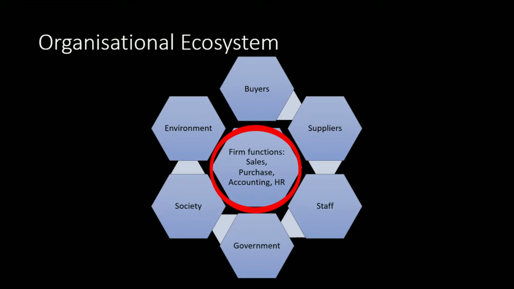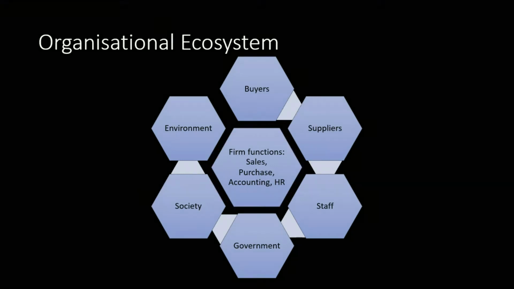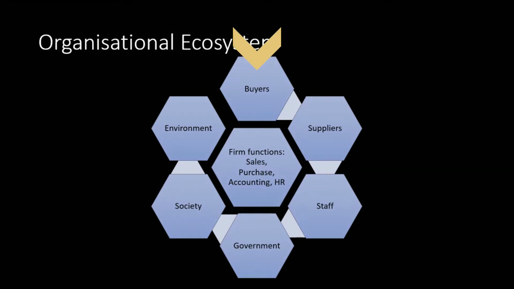With these functional areas being situated internally within the organization, there are also external stakeholders like buyers, suppliers, and casual or seasonal staff members, the government, the society or the community, and environment.